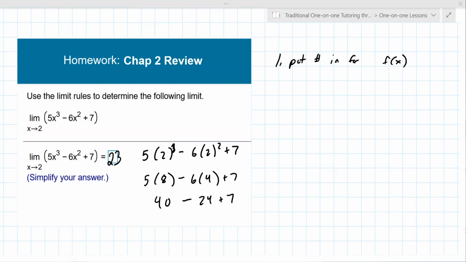I got 40 minus 24, 16 plus 7, 23. Oh wait, hold on. I did this wrong because that is a negative 24. Okay. Minus 1, 2, 3, 4, 5, 6. Oh yes. Okay. Minus 17, 23. Yes. Okay.